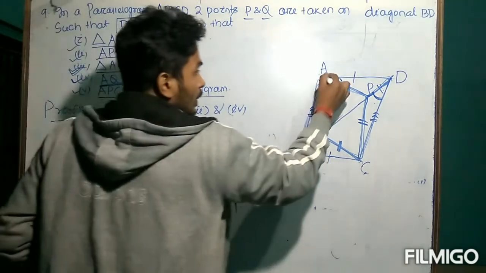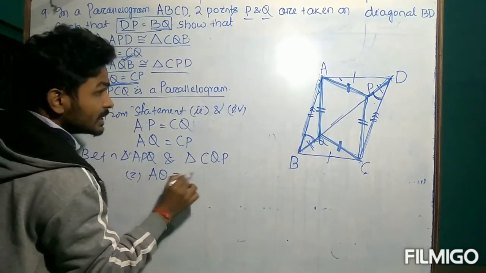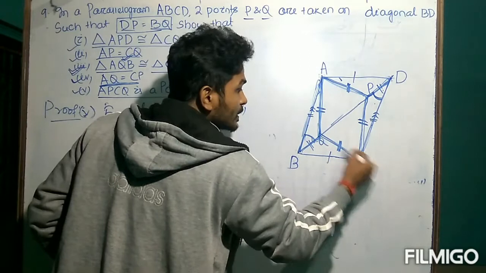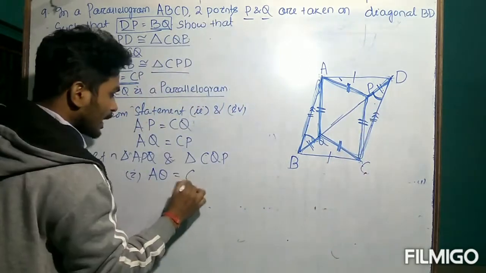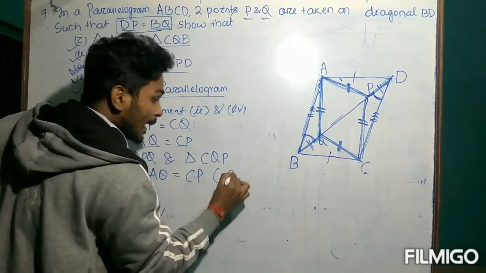How? Understand. For the triangle APQ and triangle CQP, AQ is equal to CP, already known. So it is proved.